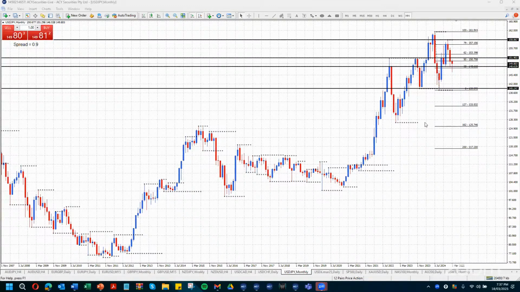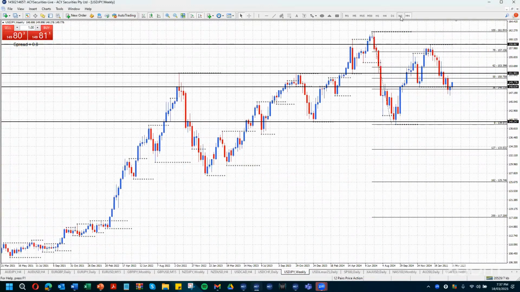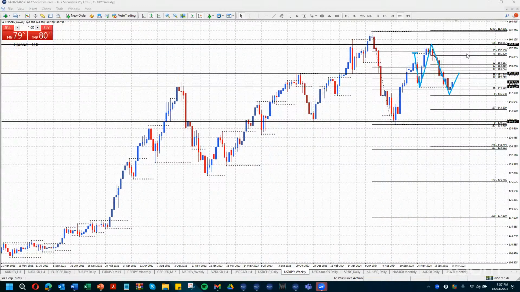All right. Weekly, we've broken this low. So now we might come back up to form a lower top on the weekly. And on this particular time frame, we could see a head and shoulder pattern, if we came up very high.